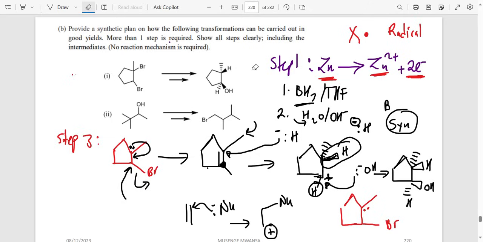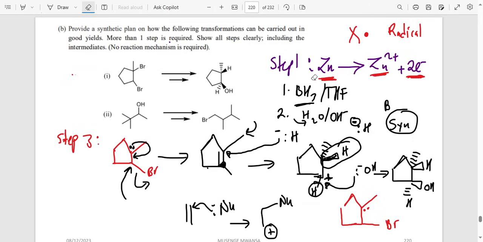Now, even if you wanted to write just the synthesis plan, if you do not know this, it will be very hard for you to propose. So, what should you know to be able to answer this question? What you need to know is that I first need to remove both bromides because I can't see them in my other product which is being given here. And the only way I can remove both bromides at the same time is to use the vicinal dihalides reaction.